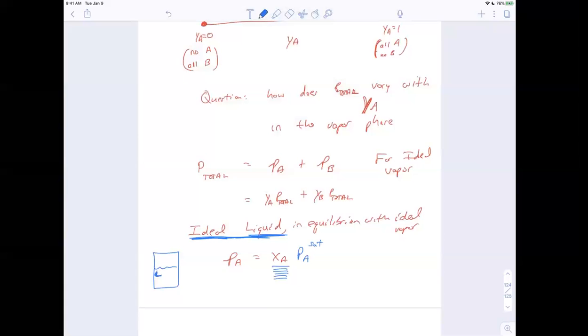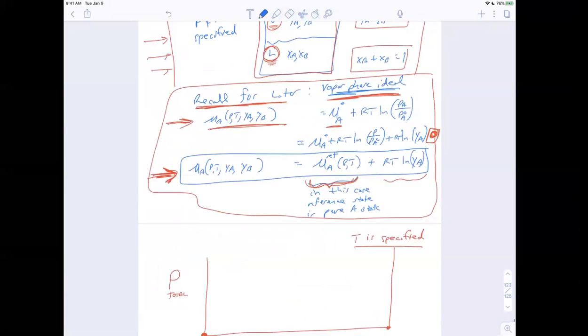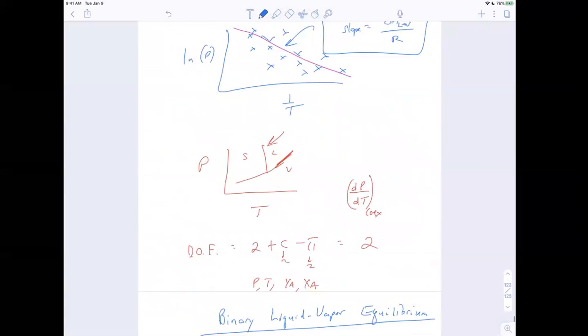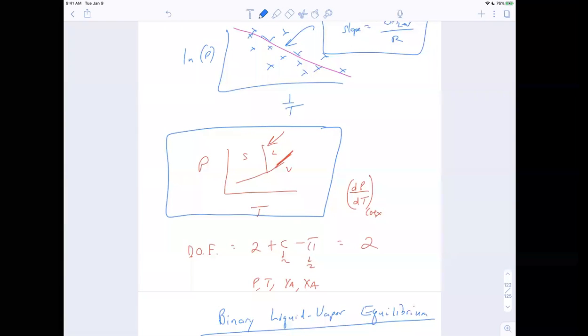So if A were alone at these conditions, if we had pure A at temperature T, it would exert a pressure, it would have a vapor pressure, right? And so what that means is that if you go back to our phase diagram represented for a single fluid, so if we pick a temperature and we had pure A as a liquid in equilibrium with its vapor, what would be the pressure that we would see?